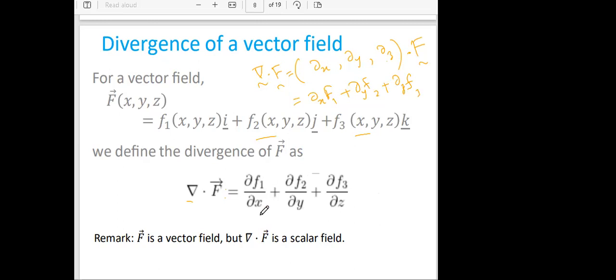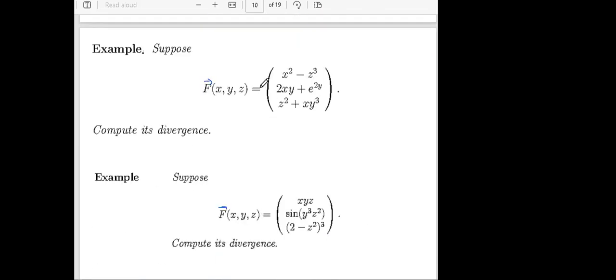For instance, let's compute the divergence of this. This is the first component of f, the second component of f, and the third component. How do you compute the divergence? Take the dot product of the gradient operator and f.